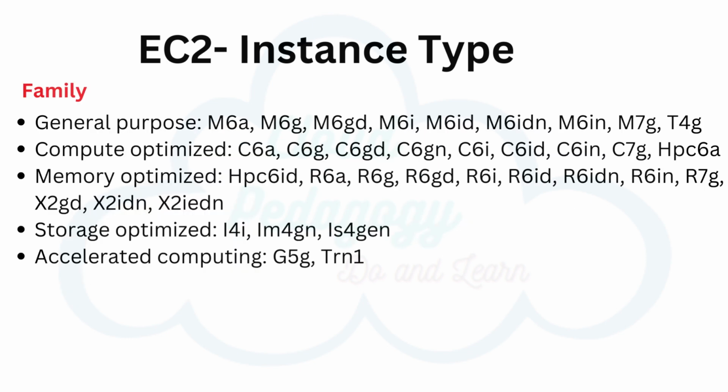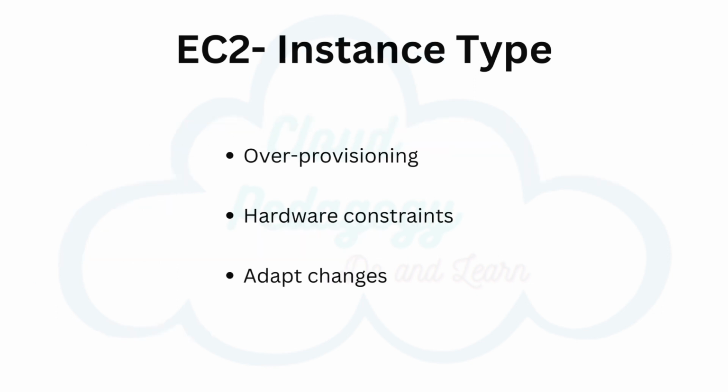EC2 offers a wide variety of hardware options to choose from. So you can optimize for your solutions by selecting the right EC2 instance type for your application. And then you can optimize even further by right sizing the resource or selecting an instance size that is appropriate for your application and not over provisioning like is often done on premises.